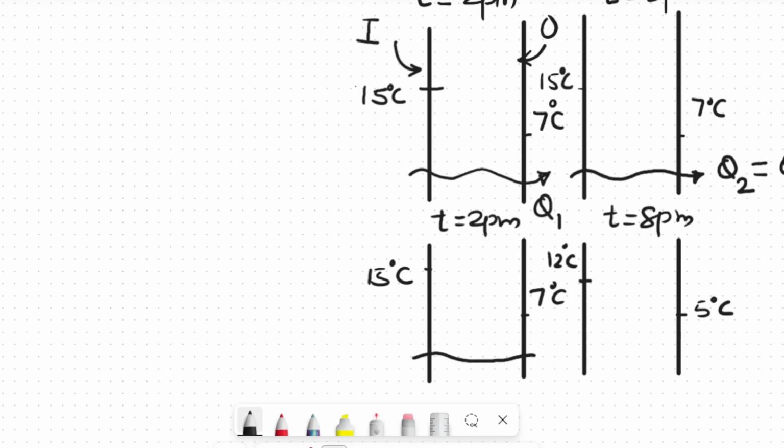So we measure the heat transfer in both cases as Q1 and Q2, and we found that Q1 and Q2 are not equal.